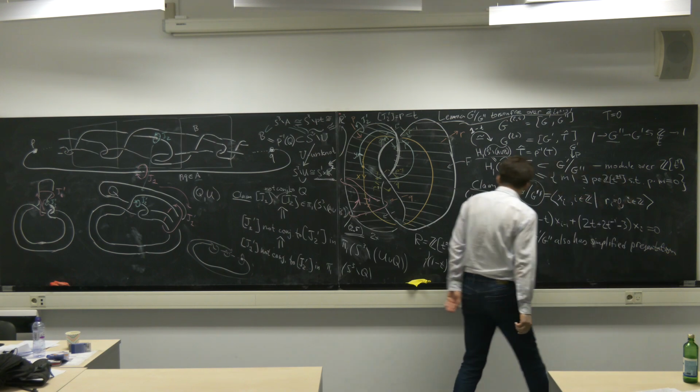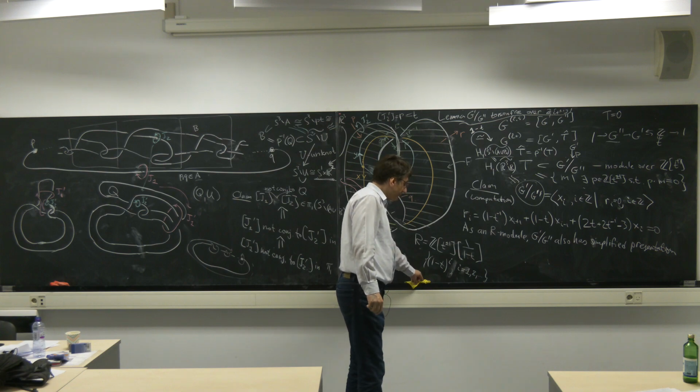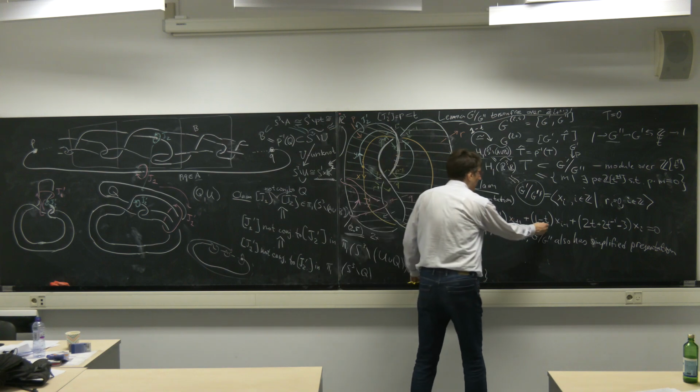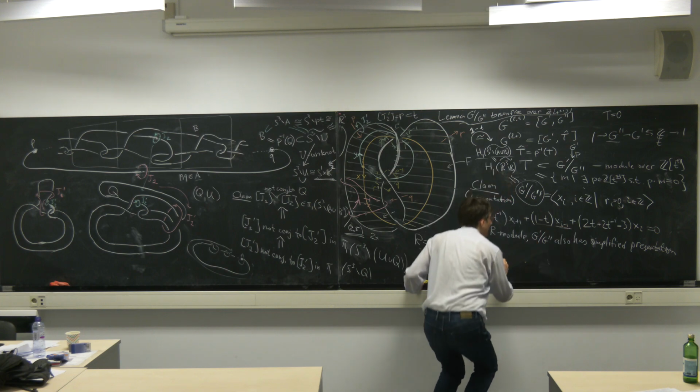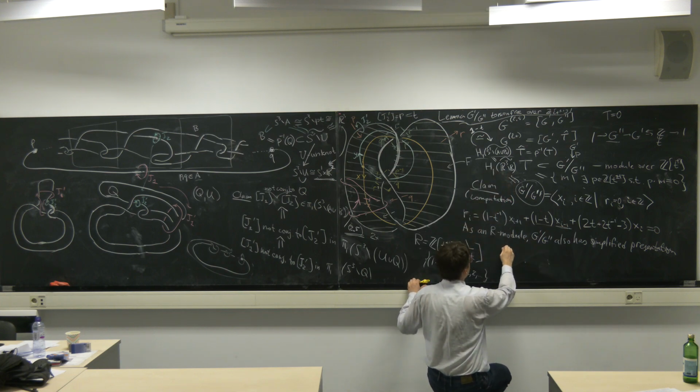So what is a simplified presentation? Well, I can divide by 1 minus t, for example, and then I can express x_{i-1} in terms of the other generators here.